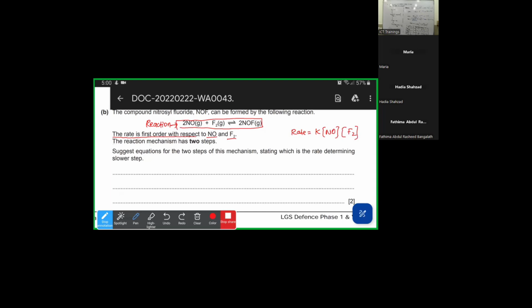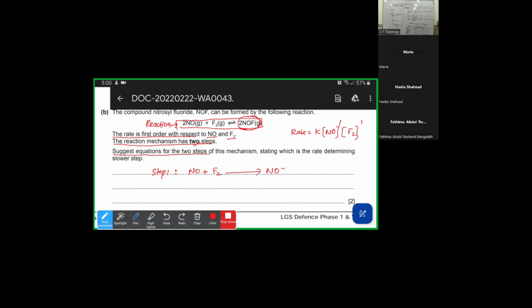He said the reaction mechanism has two steps, so suggest the equations for the two steps. It means we should make two steps. First of all, step one. In the first step, one mole of this one and one mole of this one should react, so we take one mole of NO and one mole of F2. That is going to form, looking at the main reaction, the product NOF.